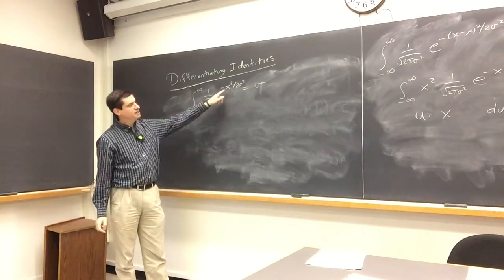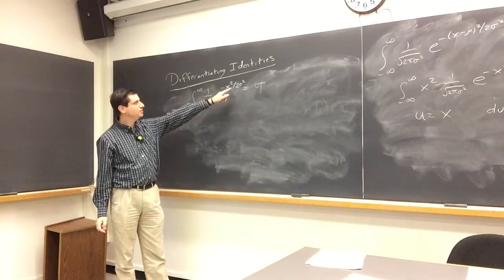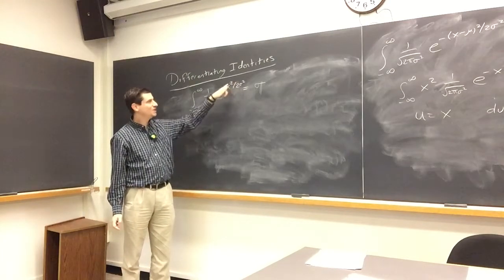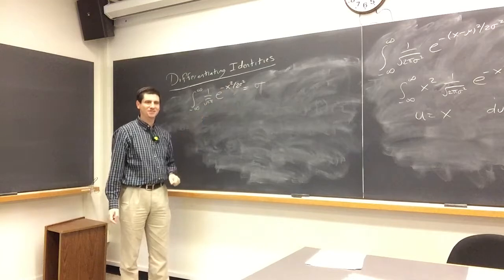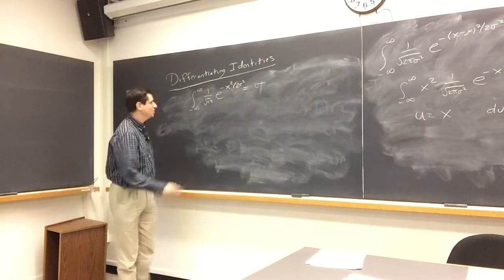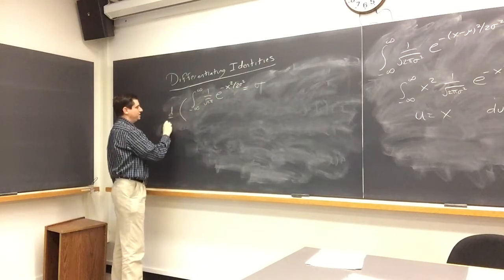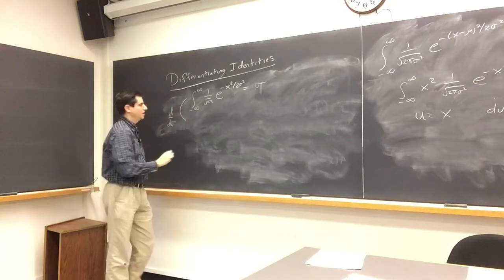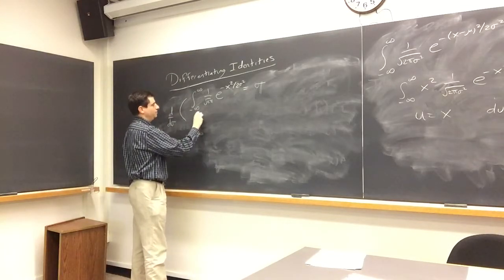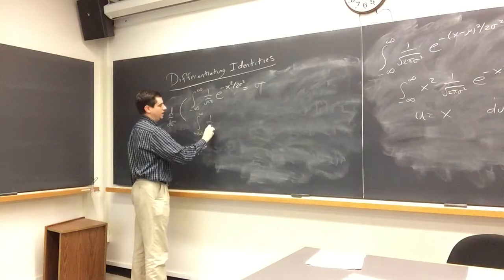Now I want to get an x squared. If I take the derivative of this with respect to sigma, what comes down? An x squared. So let's apply d by d sigma. And so we get the integral from minus infinity to infinity of 1 over square root of 2 pi.